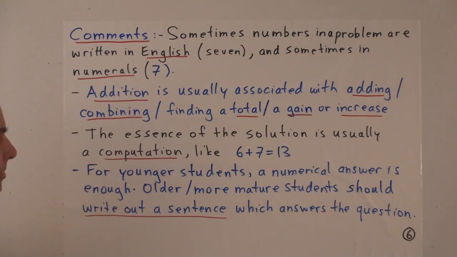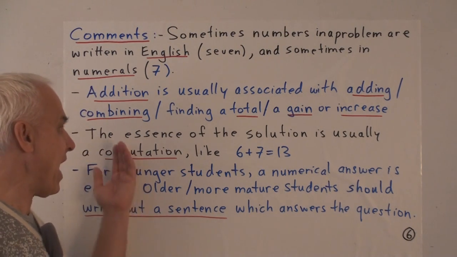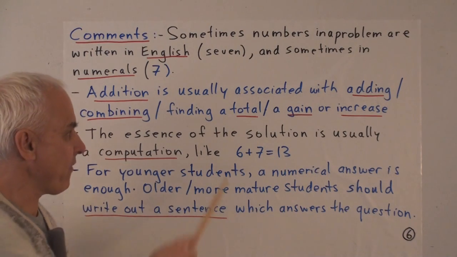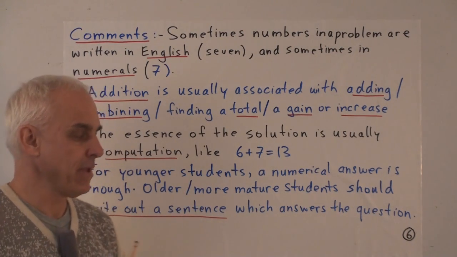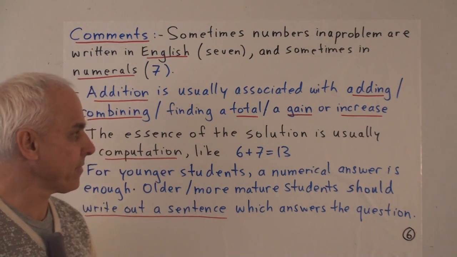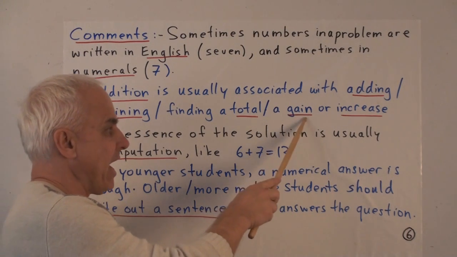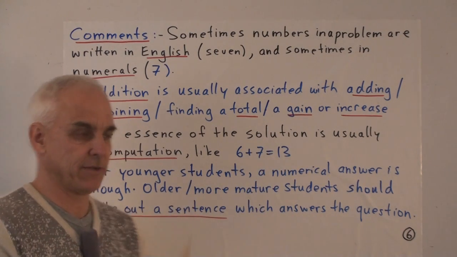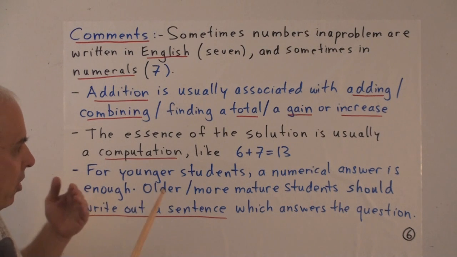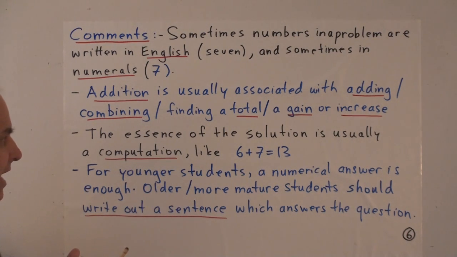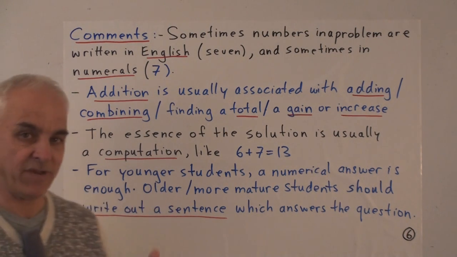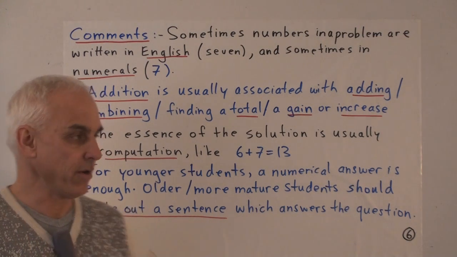An addition problem is usually associated with adding or combining things, or finding a total, bringing things together. It's often associated with a gain or an increase. These are all words or ideas that tend to make you think you have an addition problem going on here.